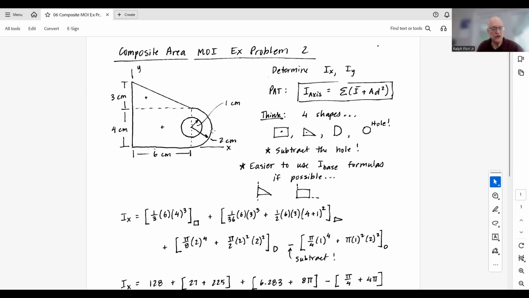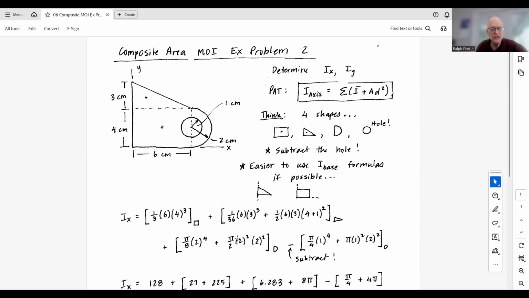My half circle, I have to use the I about this horizontal axis, and that I is pi over 8, r to the 4th, or 2 to the 4th. But then I need the transfer term to get from its centroidal axis down to the x, and that's just 2.